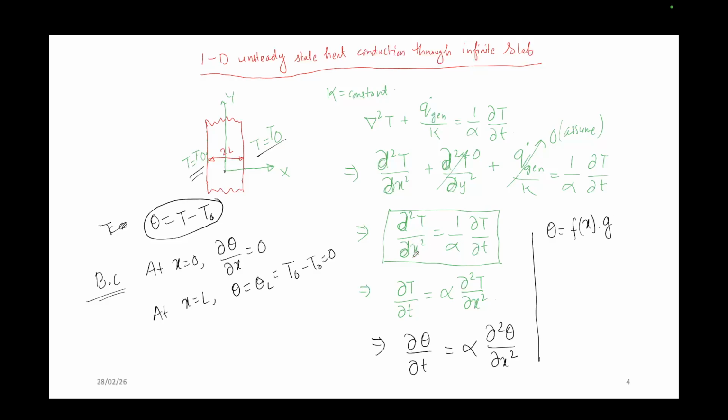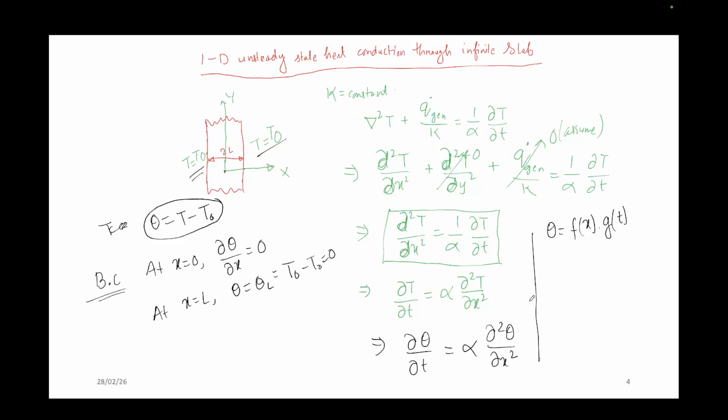If you look into this equation, there are two variables, one is time and one is x. So I have to write theta, the temperature profile, as a function of the space coordinate and a function of time, or temporal variation you can say, right? So up to this it is clear.